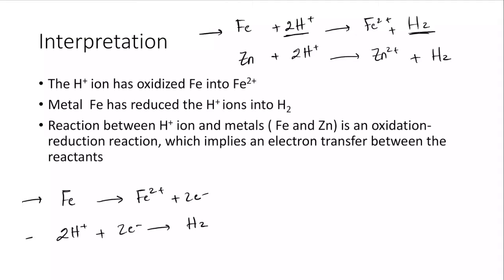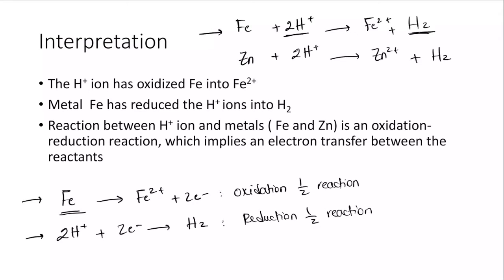Okay, this is the oxidation half reaction, and this is the reduction half reaction, right? In this case, Fe is the reducing agent and H plus is the oxidizing agent.